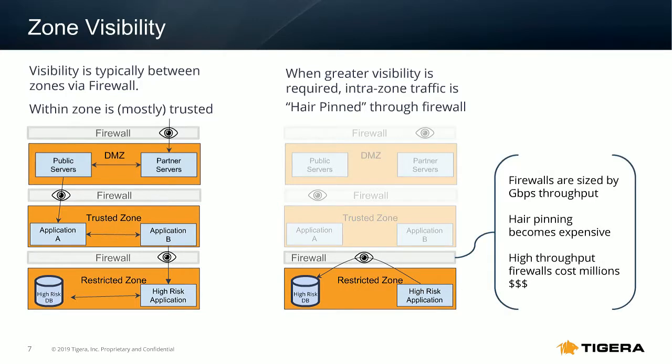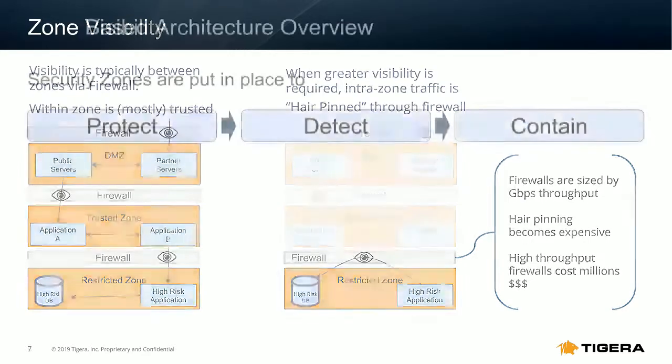One of the challenges with this, and why a lot of the other zones are left pretty open, is that these firewalls are generally sized by gigabits per second throughput, and hairpinning becomes very expensive in terms of both latency as well as the cost of your firewall, because high throughput firewalls can oftentimes cost in the millions of dollars. So generally, hairpinning would be done only for those high sensitivity workloads.